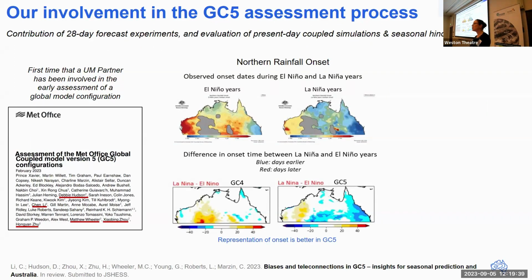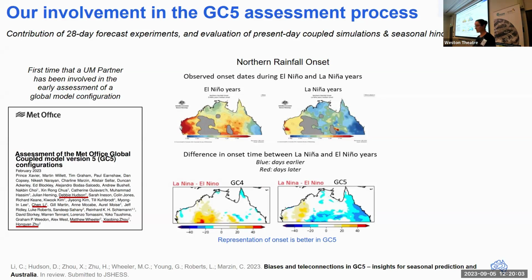It's looking at the northern rainfall onset over Australia. At the Bureau, one of the forecasts that we issue is the chance that you're going to have an earlier or later onset of the wet season. Having this kind of metric is also really useful because it can be used to show users and funders the value of doing model development work and evaluation.